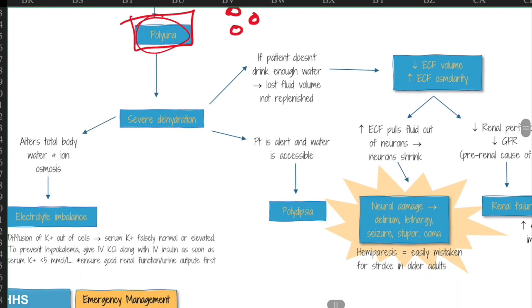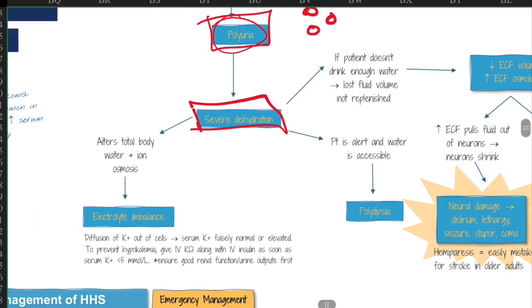Now you've had polyuria, meaning you've been urinating and urinating and urinating. So of course you're going to end up with dehydration. When you come in with HHS, you can have quite severe dehydration, which is going to, of course, alter the total body water, and the ion shifting and osmosis, and all of this that's going on is just going to have some kind of effect on your electrolytes.